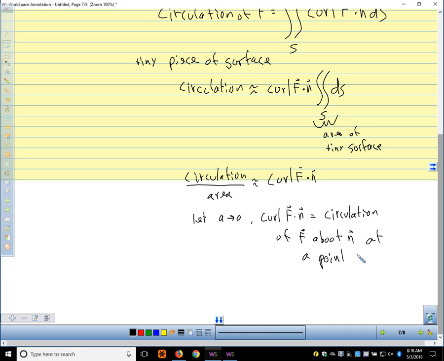So that gives us our physical interpretation of the curl. The normal component of the curl tells us the tendency of the field to circulate about that point around the normal vector.